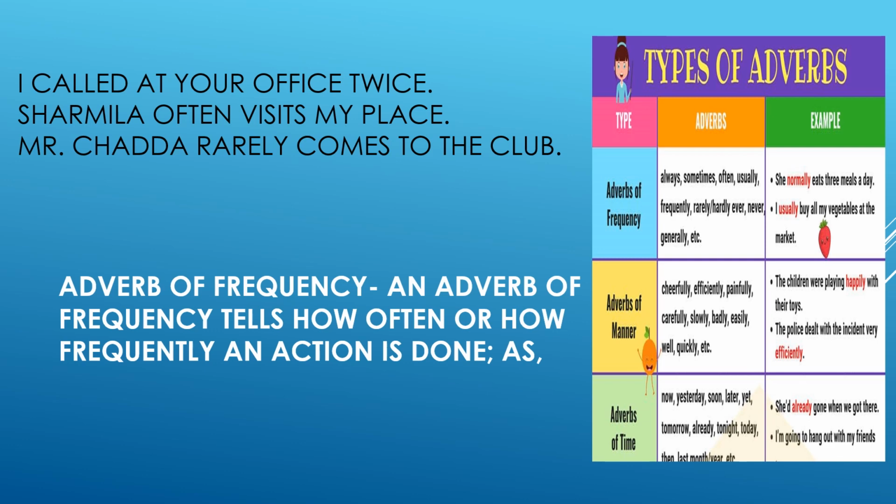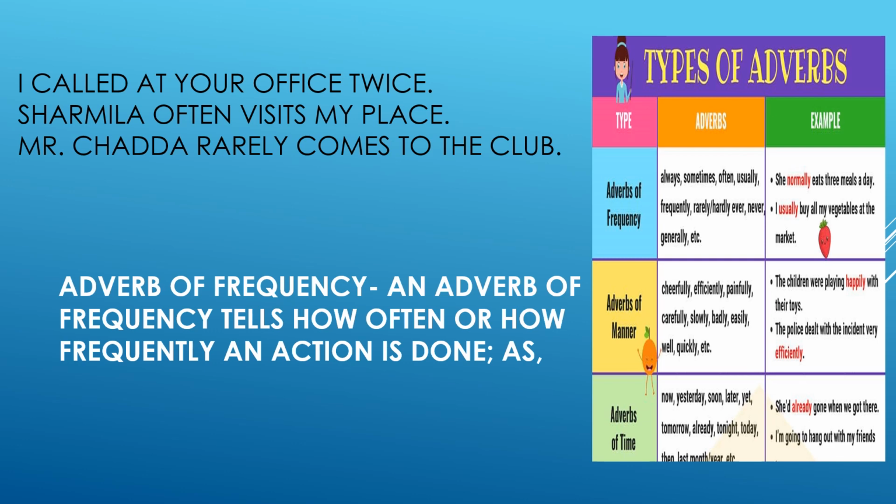Now, adverbs of frequency. An adverb of frequency tells us how often or how frequently an action is done. As you can see in this picture, I have already given adverbs of frequency and adverbs of time. Maybe you will get confused between frequency and time. Adverbs of frequency: always, sometimes, often, usually, frequently, rarely, hardly ever, never, generally.